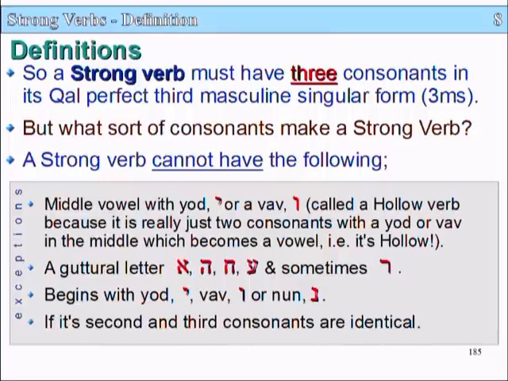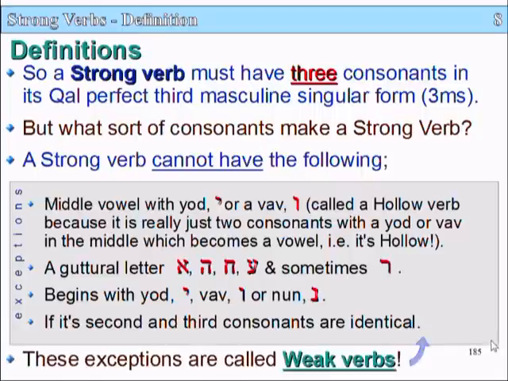If its second and third consonants are identical, so if the last 2 consonants are the same, then it's not a strong verb. So all these exceptions here for what a strong verb can't be are called weak verbs. So anything with any of these characteristics is a weak verb, and anything that doesn't have these characteristics is by default a strong verb.